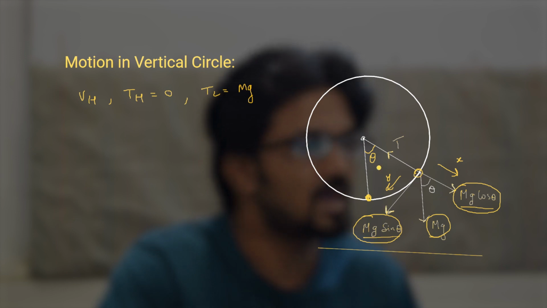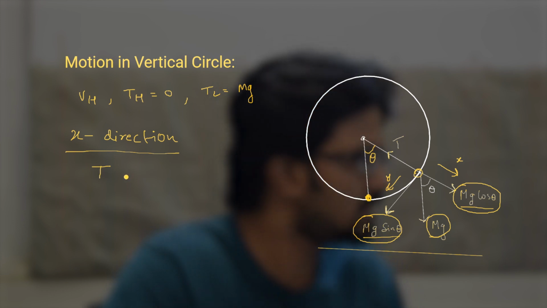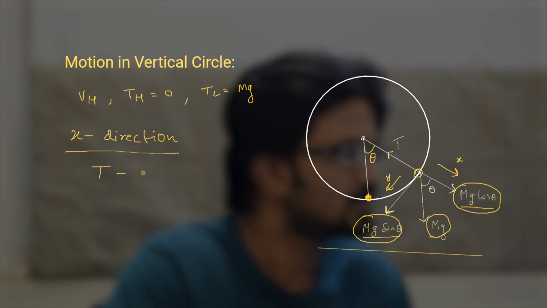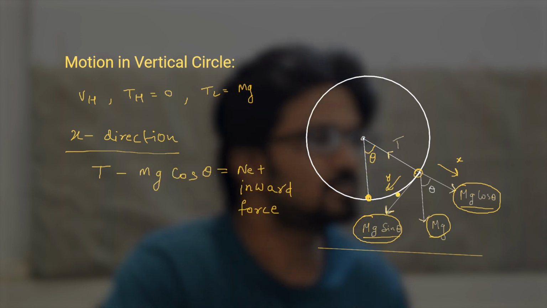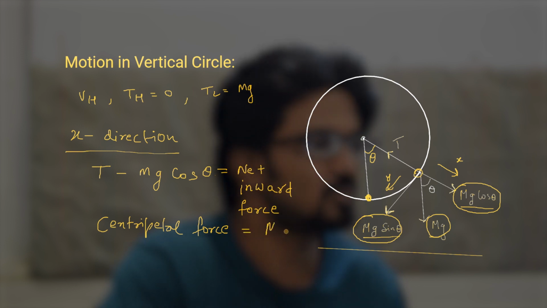If we analyze in the x direction, the tension force is opposite to the mg cos theta component. So T minus mg cos theta is the net inward force, and this provides the necessary inward force, which is nothing but the centripetal force due to the tension in the string, that is mv square by the radius r.